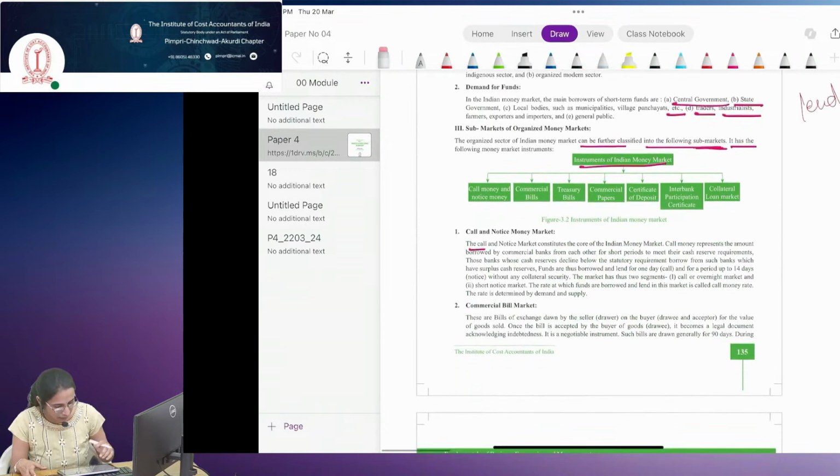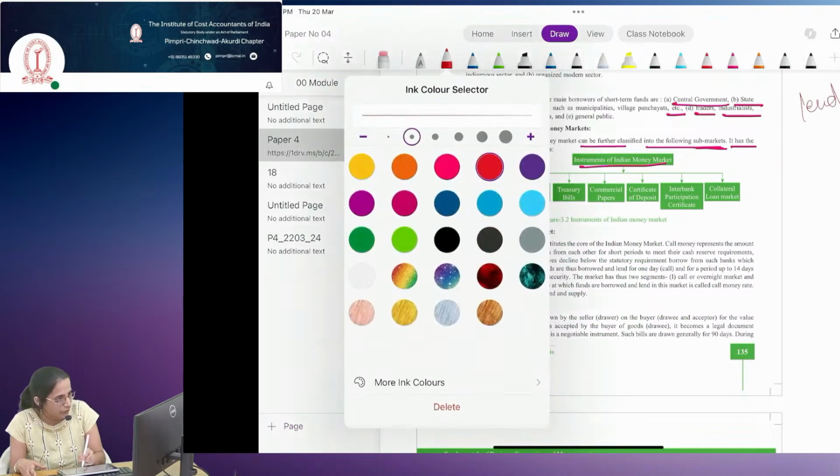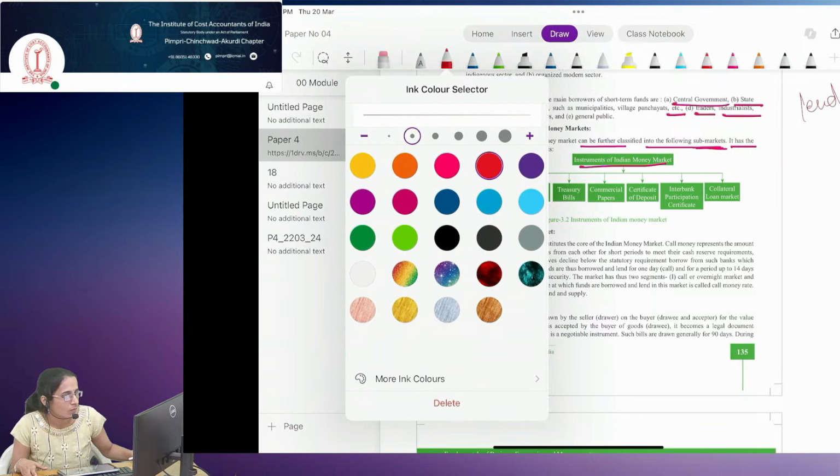Or we can start now. Have you joined? You have not joined on Google Meet, because I have not received any notification to admit you in that meet. Yes, ma'am. You can just join it.